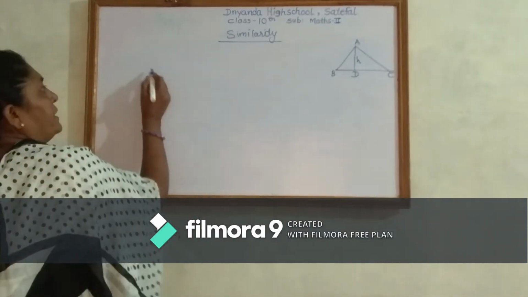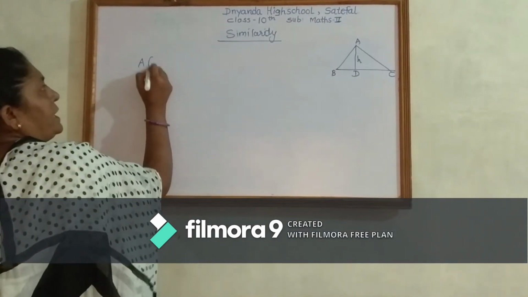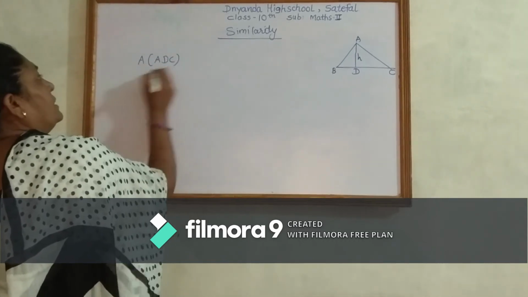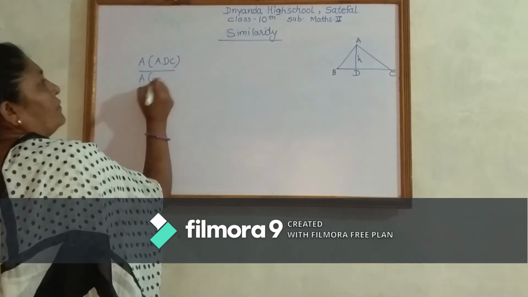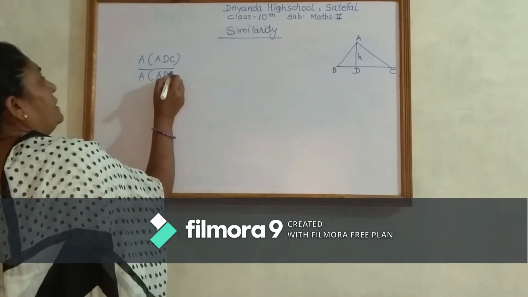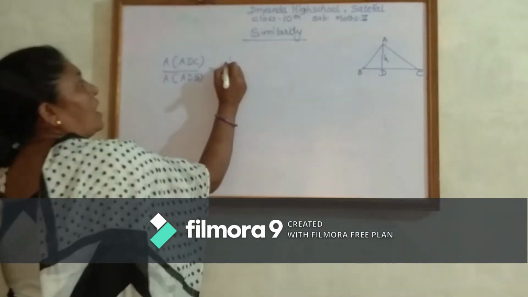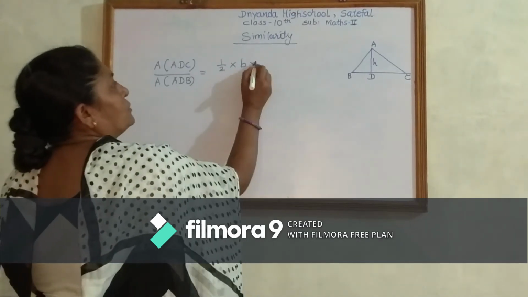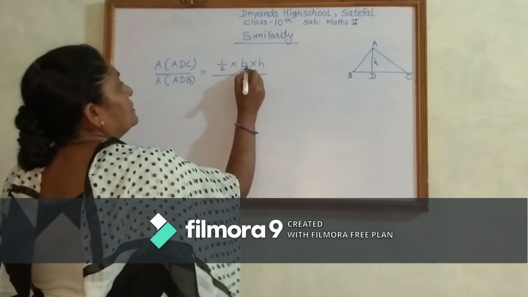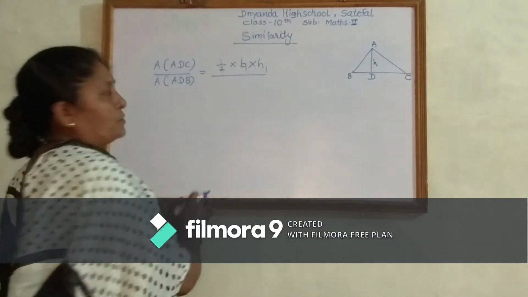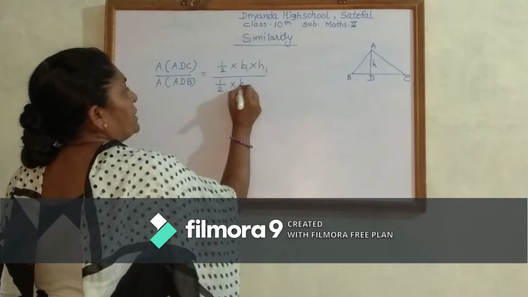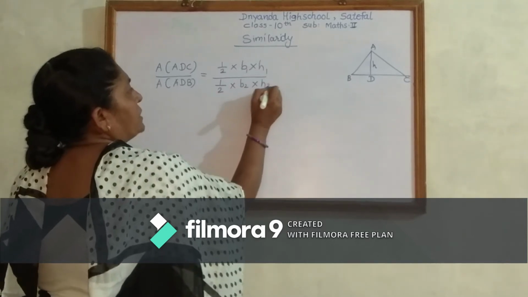The ratio of areas of ADC divided by area of ADB is equal to half into base B1 into height H1, divided by half base B2 into height H2.